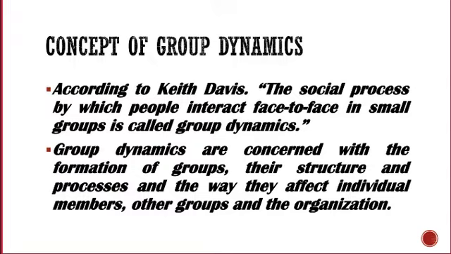In simple words, group dynamics is how the groups are formed and how people interact with each other within that group. So all these terminologies related to groups, when we study that, the word we use for it is group dynamics, right? Group dynamics is concerned with the formation of the group, their structure and processes, and the way they affect individual members, other groups, and the organization. Right? Clear?